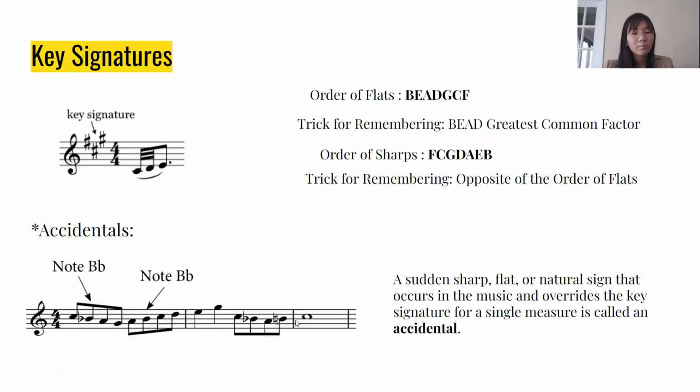So if you have a B flat here, and they didn't write the flat sign here, but since they're in the same measure, this note is also a flat. So it overrides for a single measure.